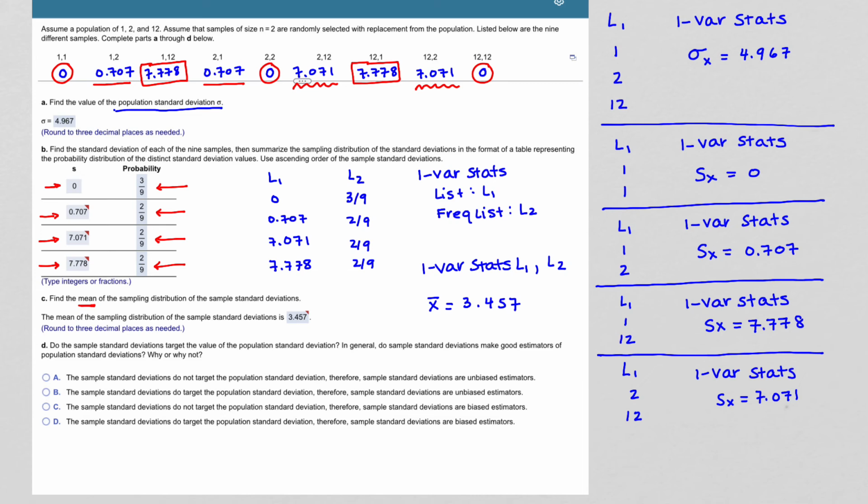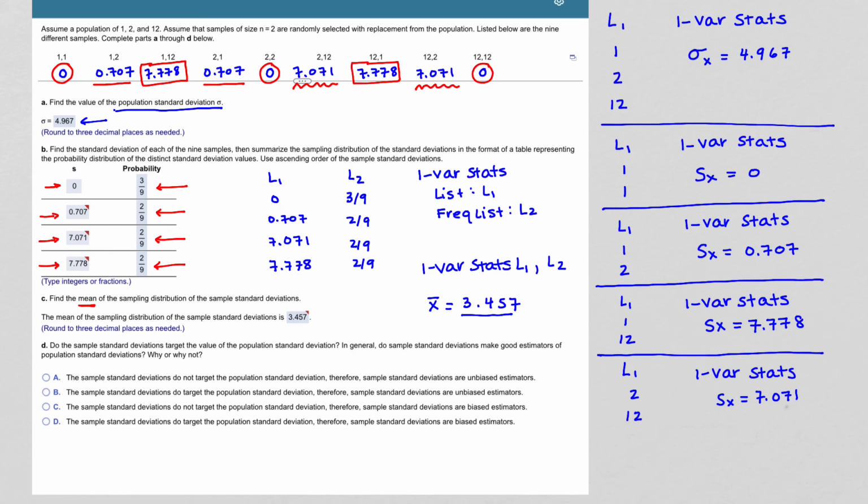And so now we're going to compare this value to sigma that we found in the first step. And notice that those are not the same values, which we expect because we know that the sample standard deviation is a biased estimator of the population standard deviation.